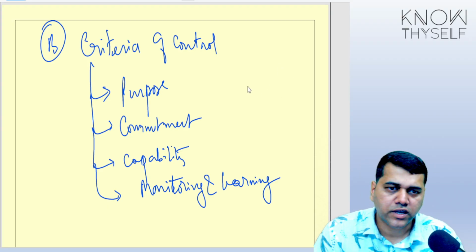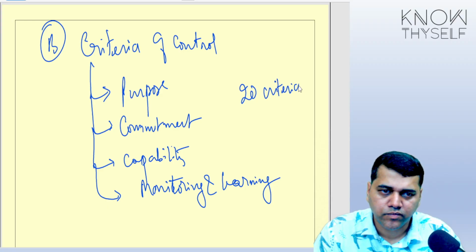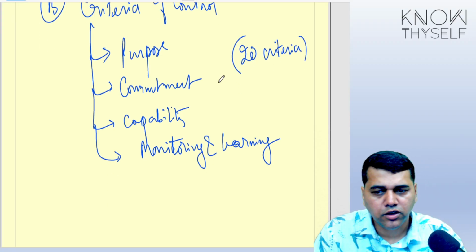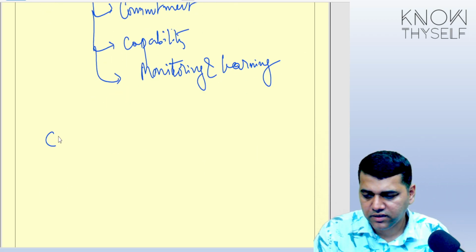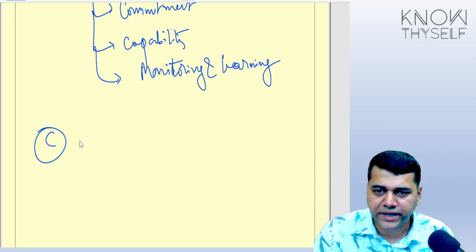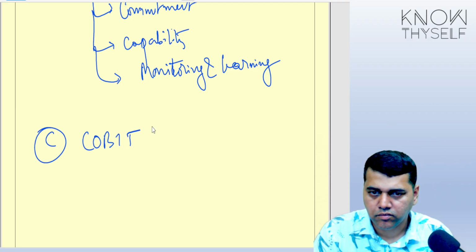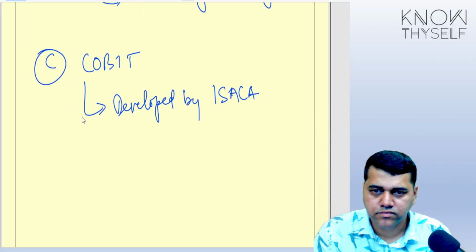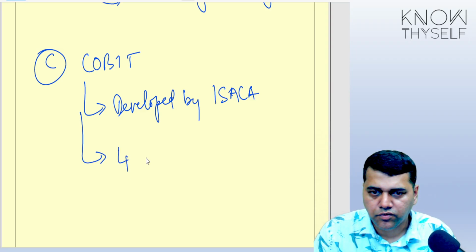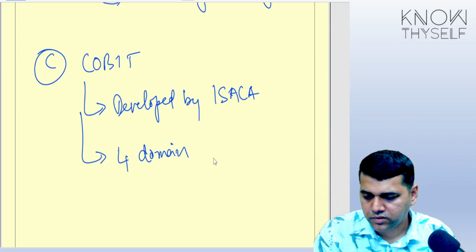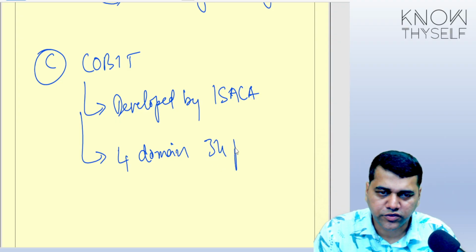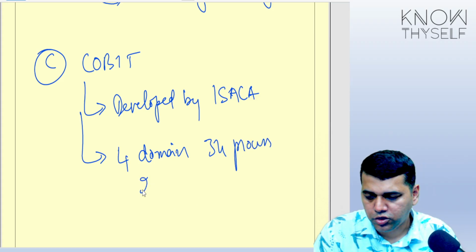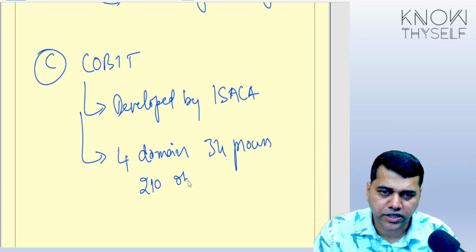You can write here 20 criteria, 4 areas. Then COBIT, developed by ISACA. Core domain, 34 processes, 210 objectives.